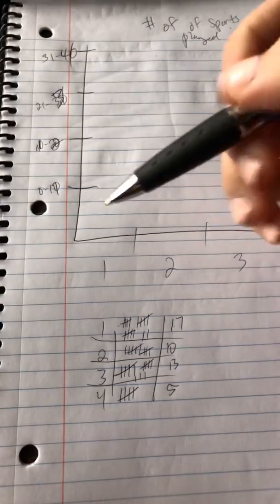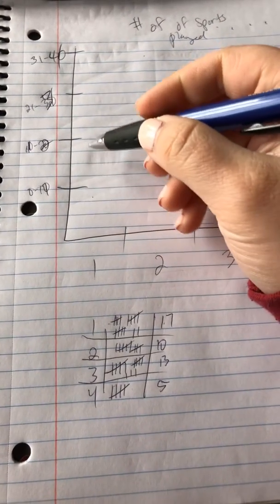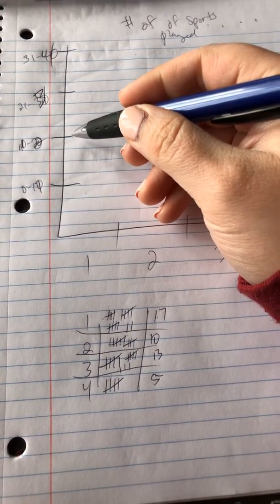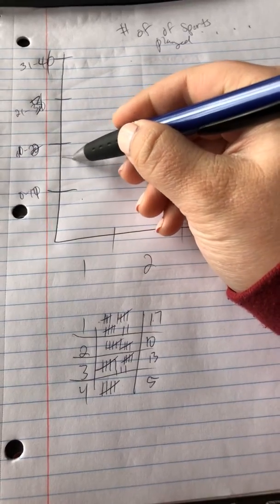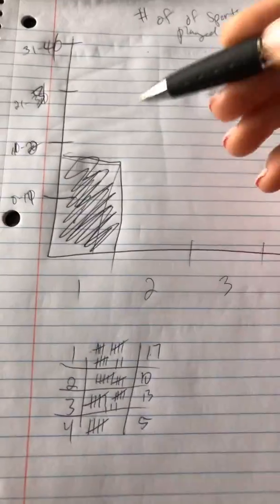So for 1, I had 17. This goes up to 11, this goes up to 20, so 17 is about right here. It's really hard to do through the phone. Yours is going to be much neater than mine. For 2, I had 10.